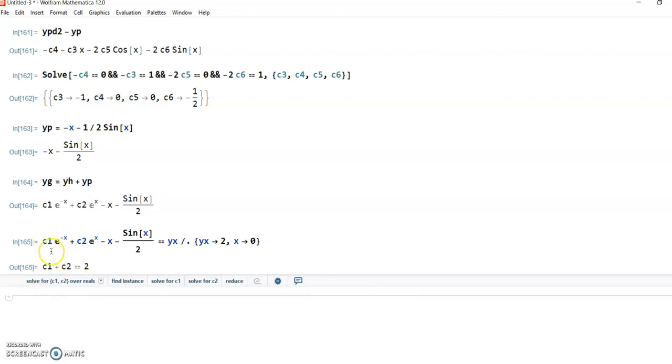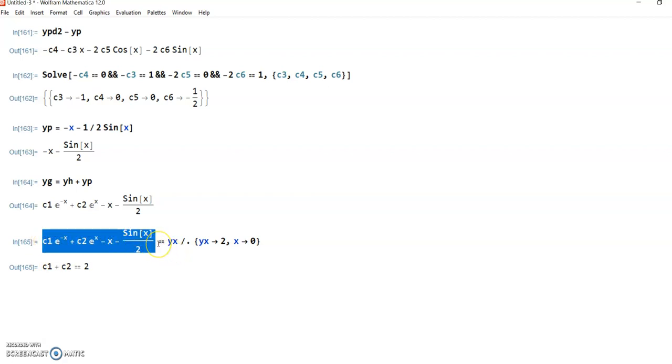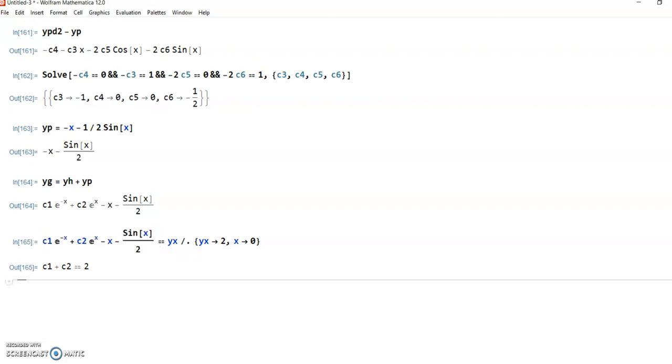Next, we need to find the derivative of this, okay, because we need to also have the y prime of x, because the second condition was about the y prime of x. So for this I need to take a derivative of this.